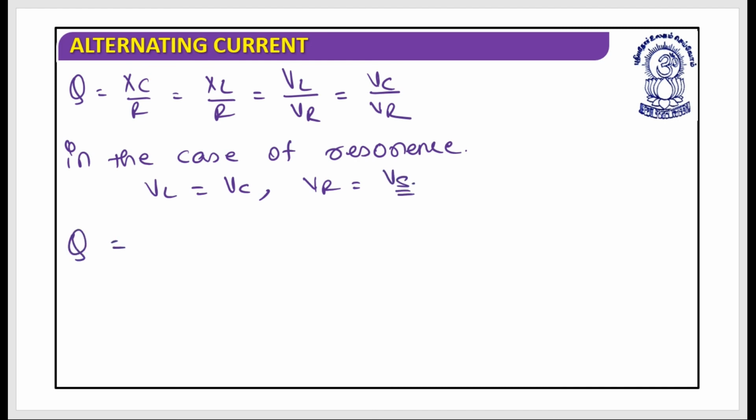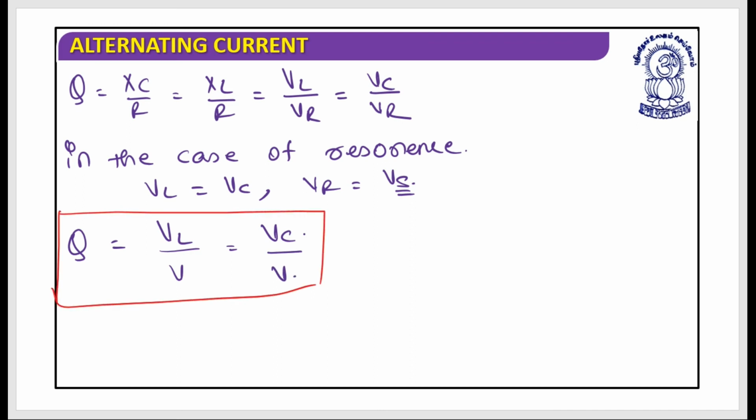So in the case of resonance, provided resonance happens, the quality factor can be given as Q is equal to VL by V. When I say V, I mean V supply, or VC by V. Please note this. This is a very famous question on quality factor, so please keep this in mind.